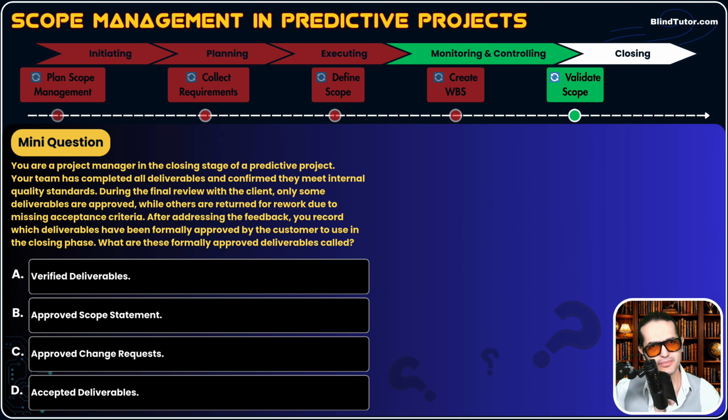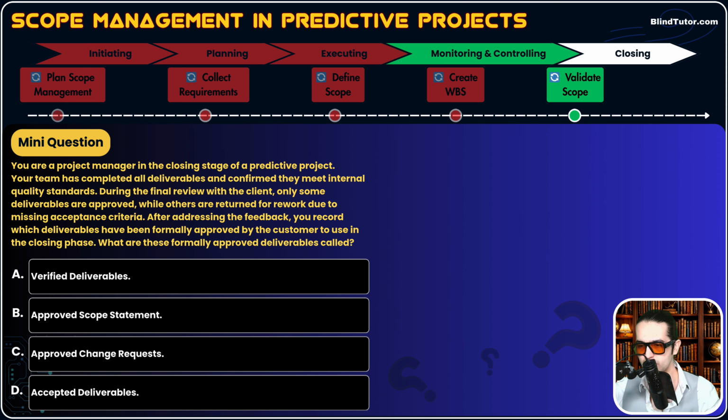So now the question continues and says, during the final review with the client, only some deliverables are approved while others are returned for rework due to missing acceptance criteria. Okay, guys, let's learn a term called rework. I think it is easy, but you're going to see rework a lot.